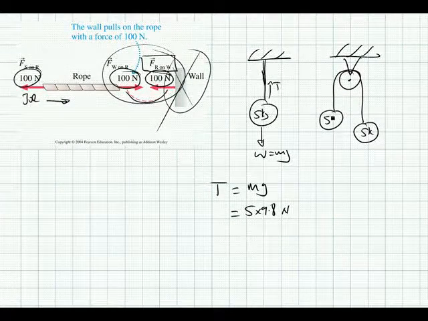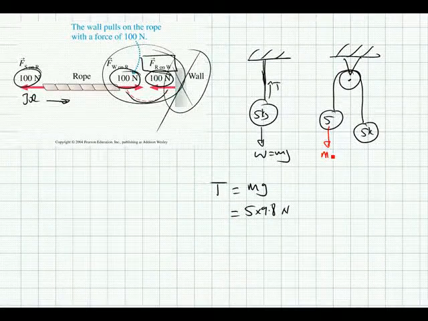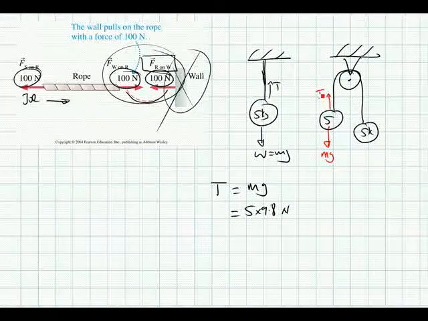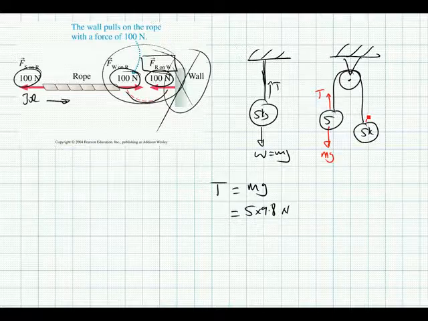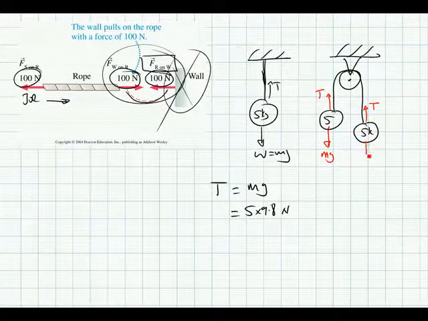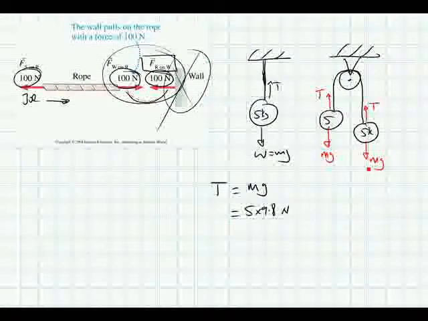Forces on it are mg, of course, and tension. A string in equilibrium means tension is equal throughout, so we also have T here. And on the right hand side, the force is also mg.